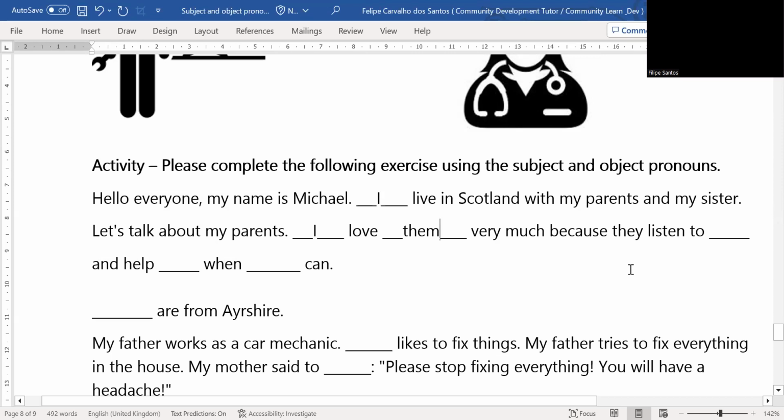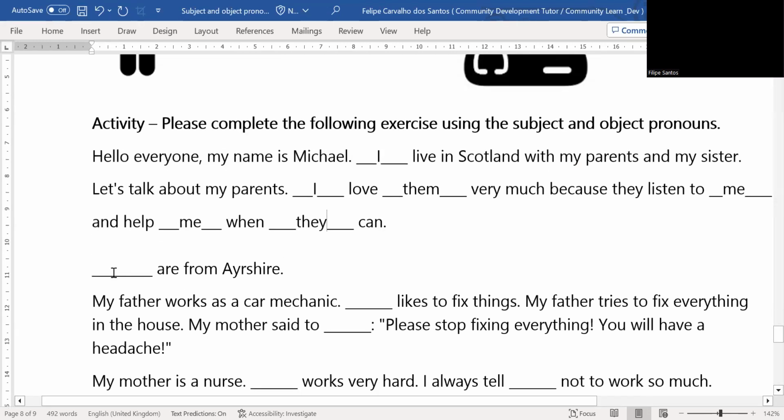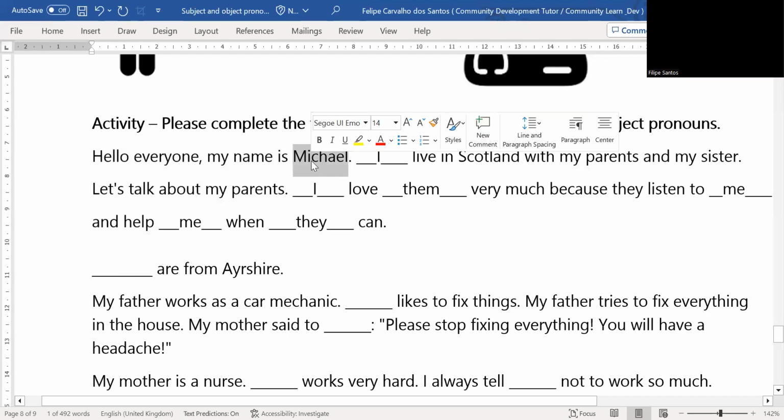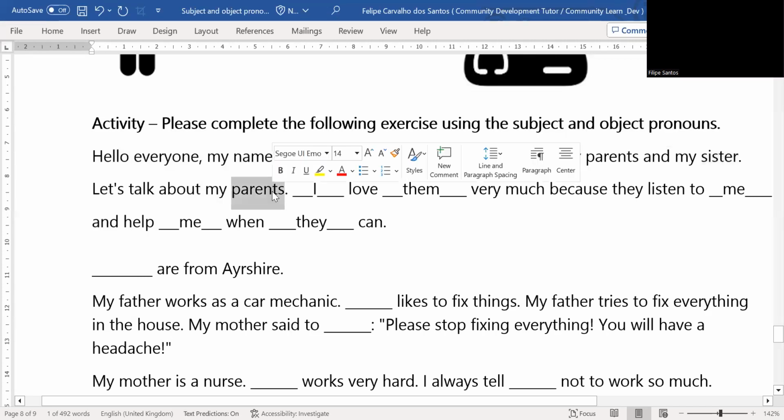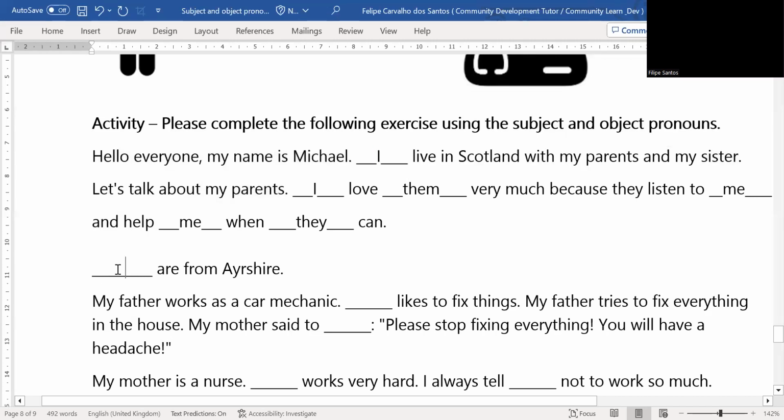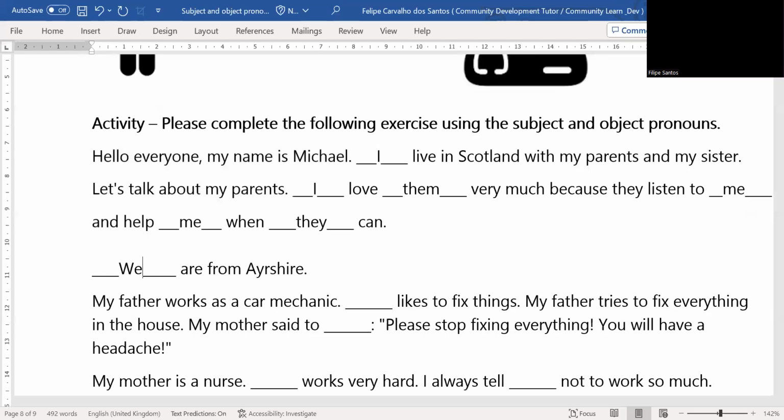So when I speak, they listen to me and help me when they can. Okay, so what do we write in here? We're from Ayrshire. So that's Michael, the sister, and the parents. So what do we write here? We write the subject. We are from Ayrshire. Ayrshire is the name of the place.